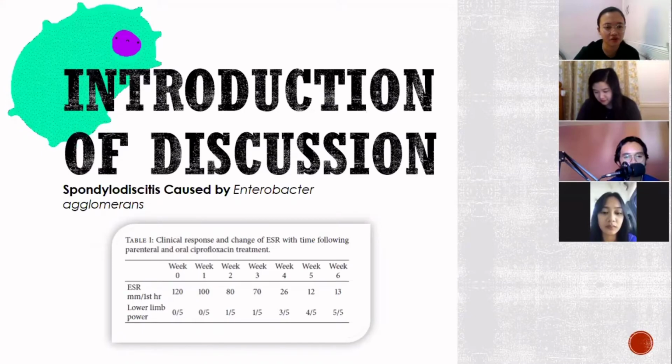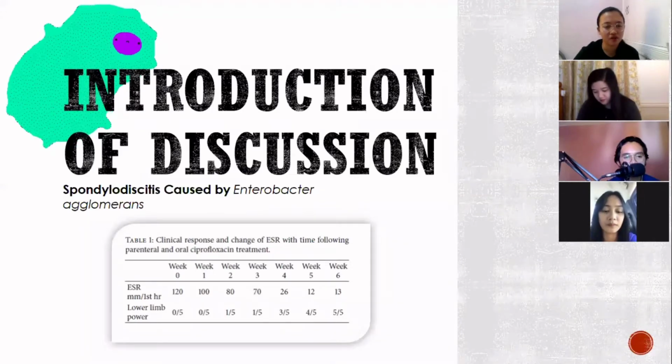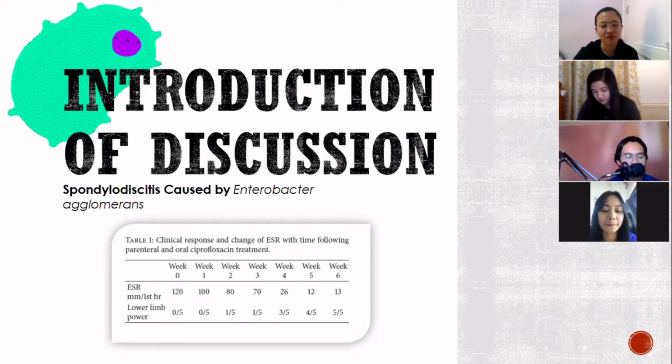ESR: week 0, 120; week 1, 100; week 2, 80; week 3, 70; week 4, 26; week 5, 12; and week 6, 13. Lower limb power: week 0, 0 to 5; week 1, 0 to 5; week 2 to week 3, 1 to 5; week 4, 3 to 5; week 5, 4 to 5; and week 6 is 5 to 5.